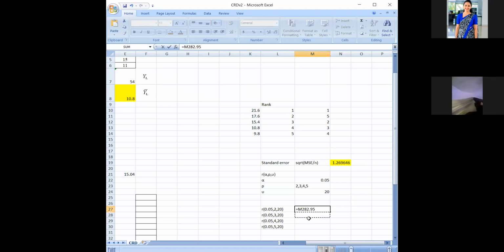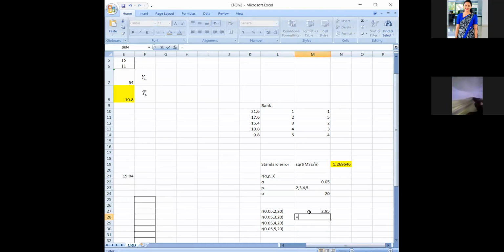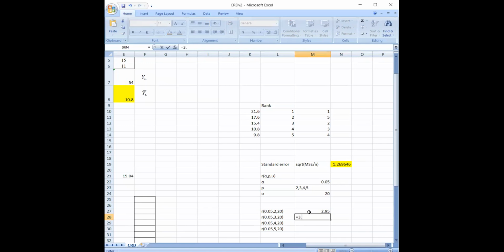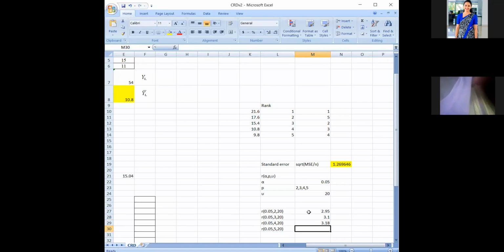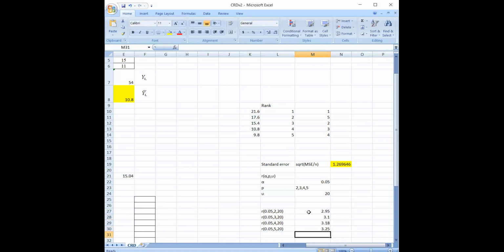When P is equal to 3, it's 3.1. When P is equal to 4, that is 3.18. And when P is equal to 5, that is 3.25. So we have these table values. That is our step 3.